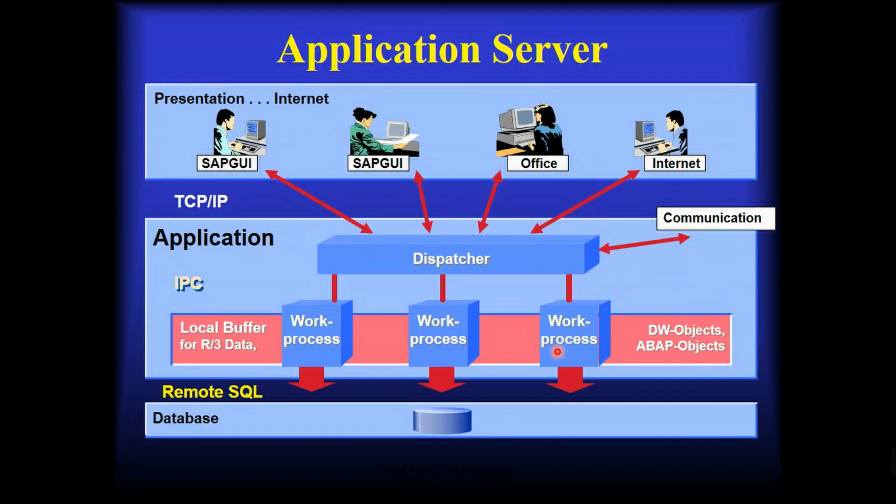If it is not there, then it will come to the database, take the output from the database, save it to the database buffer, and after that, through the application server, it will come to the presentation server and generate the output in SAP GUI. So that's the whole process.